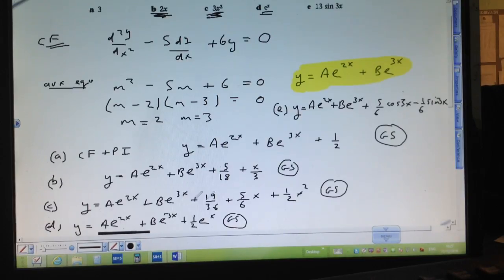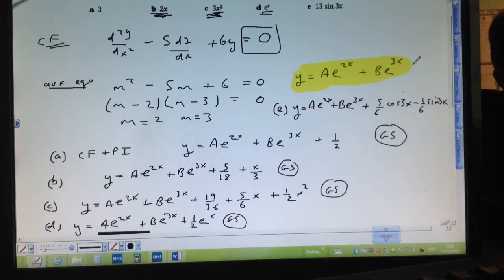Okay, so those are your 5 general solutions given different f of x's. So you can see that the complementary function stays the same because all you're solving is the homogeneous solution where it equals 0, the simple solution.